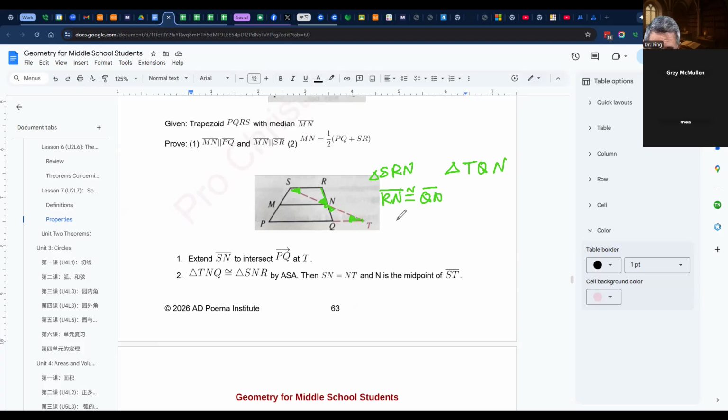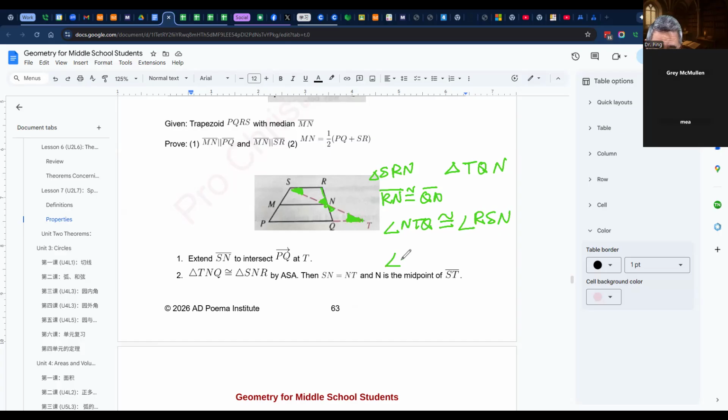And we already know that angle NTQ is congruent to angle RSN. So this angle and this angle are the alternate interior angles.